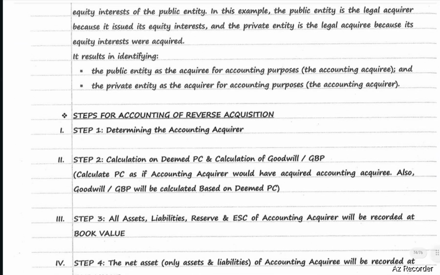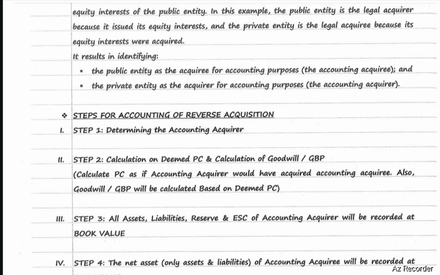In this example, the public entity is the legal acquirer because it issued its equity interest, that is equity shares, and the private entity is the legal acquiree because its equity interest was acquired. It results in identifying the public entity as the acquiree for accounting purposes, that is accounting acquiree, and the private entity as the acquirer for accounting purposes, that is accounting acquirer.